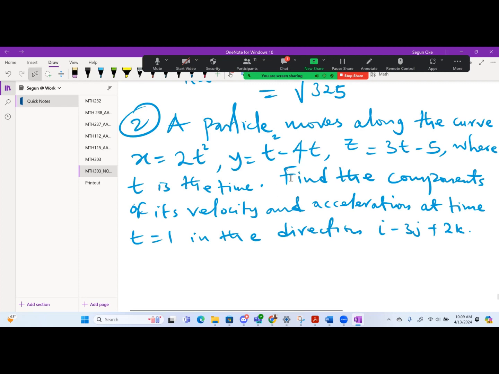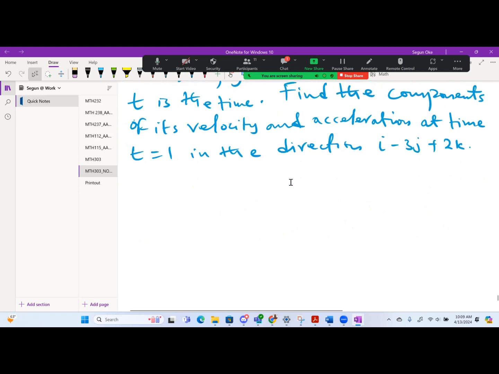Now, we just did the velocity. We know how to do the velocity and acceleration. All we need to do is just to see how we can solve this problem. And let's look at it.